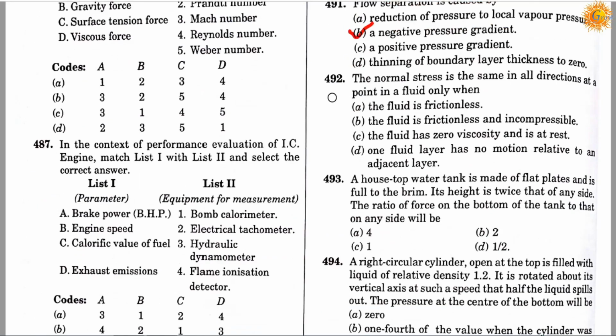Question number 492. The normal stress is the same in all directions at a point in a fluid only when: option A, the fluid is frictionless, option B, the fluid is frictionless and incompressible, option C, the fluid has zero viscosity and is at rest, and option D, one fluid layer has no motion relative to an adjacent layer.